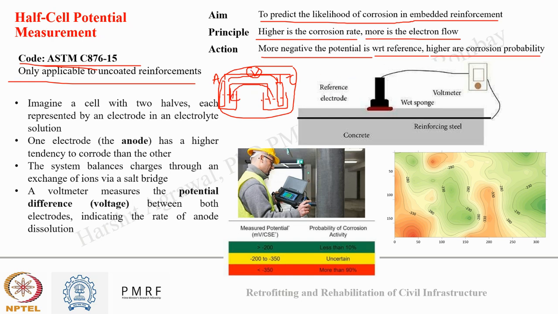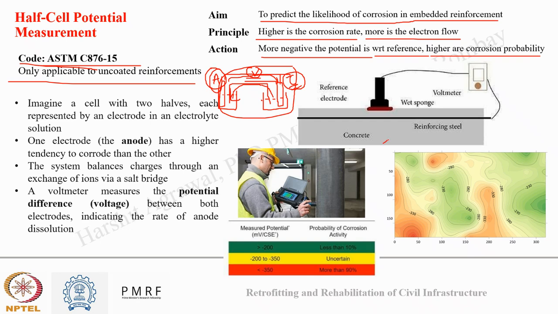This is the concept behind the half cell potential device. The voltmeter records the potential difference between both electrodes. Suppose I fix my cathode to an inert material, anything that I record on the voltmeter I can use to calculate the potential of the anode, and I can predict the corrosion at the anode.